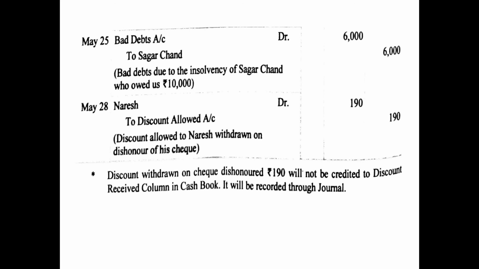We will not transfer it to discount received. This is not the amount of discount which we have received. Rather, we are crediting discount here not because we are receiving it, but because we are withdrawing the discount which was given to him, since his check has been dishonored. It will be recorded through the journal.